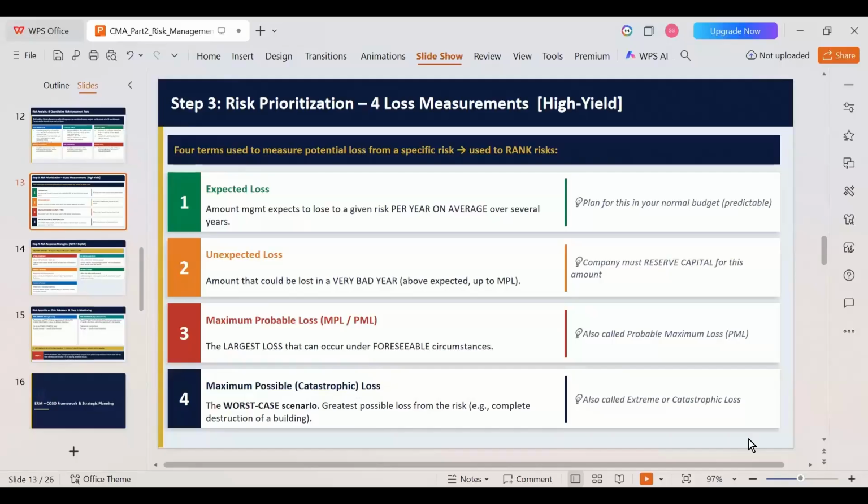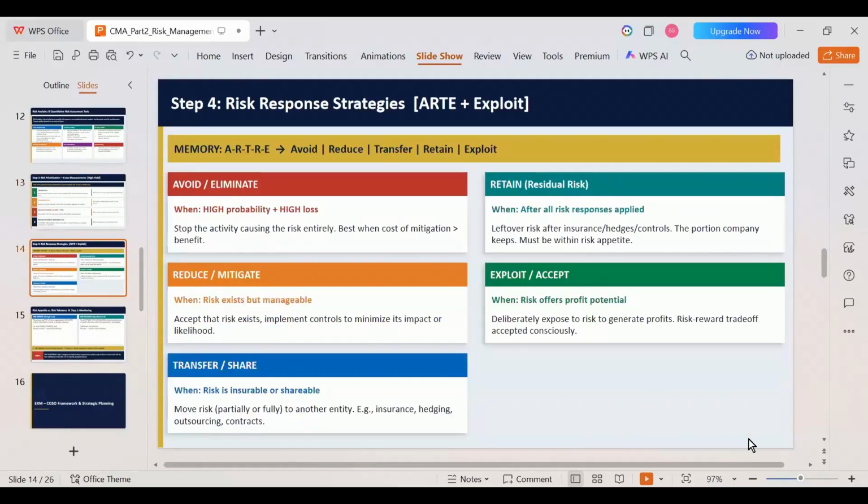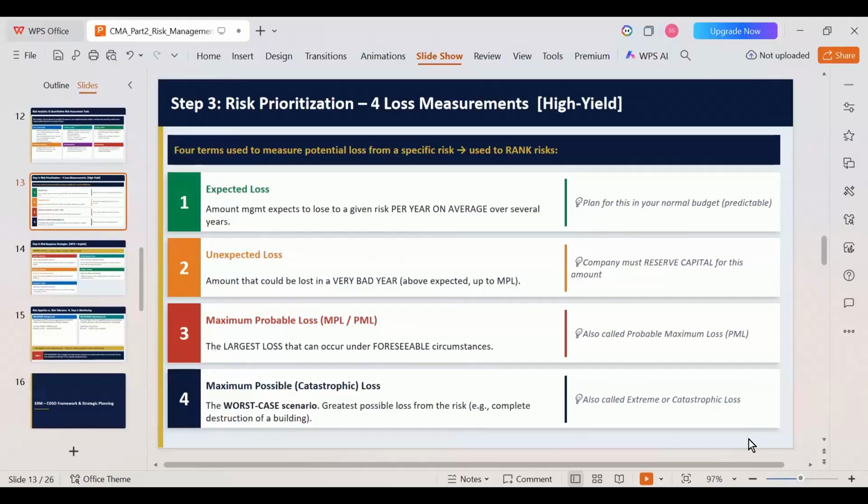Okay, so this is what we focus on, risk prioritization. Then comes risk response strategies. So guys, can you tell me what the 5 risk response strategies we have are?